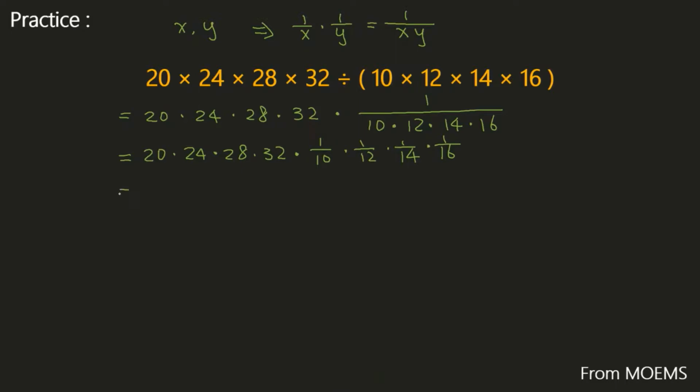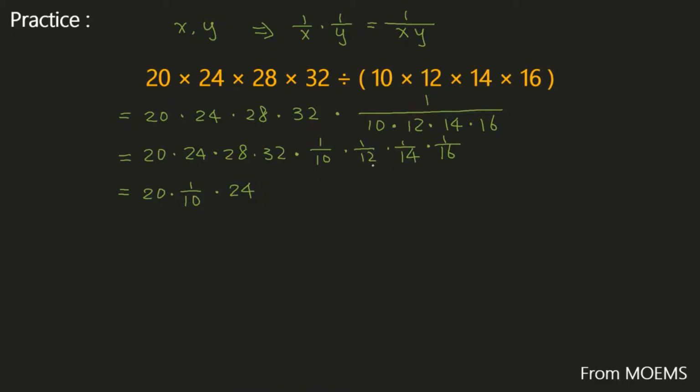In our next step, we're going to use commutative property of multiplication and move things around a bit. So we're going to first move this 1 over 10 right next to 20. So it becomes 20 multiplied by 1 over 10 and multiplied by 24.